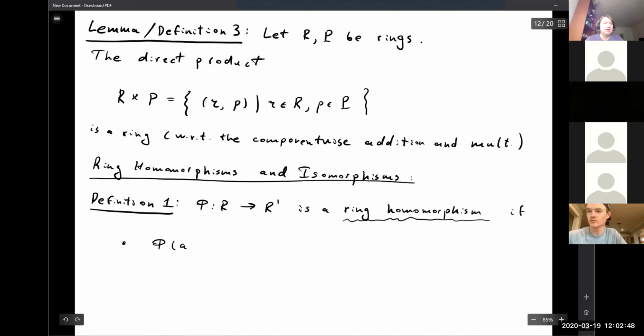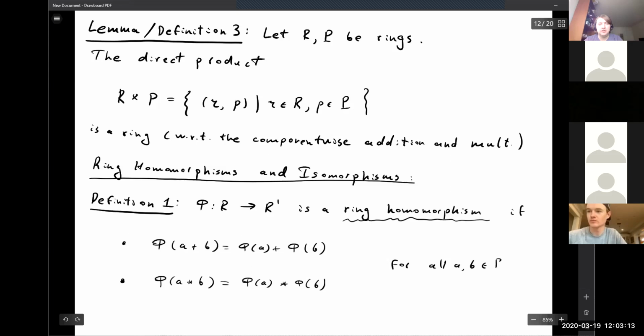So if phi of A plus B is the same as phi of A plus phi of B, and phi of A star B is the same as phi of A star phi of B for all A, B in R.